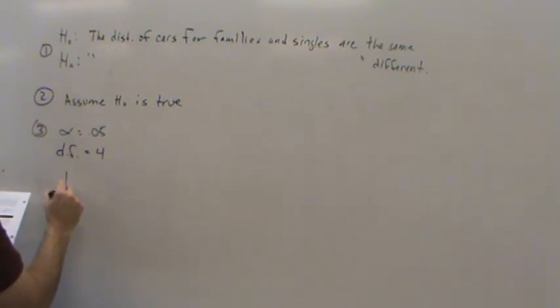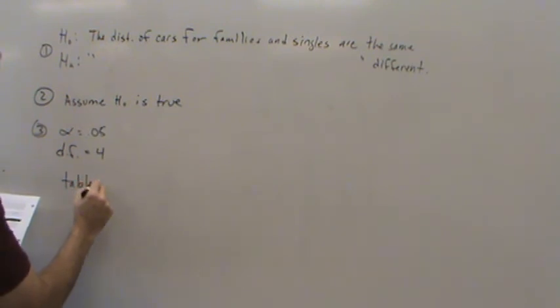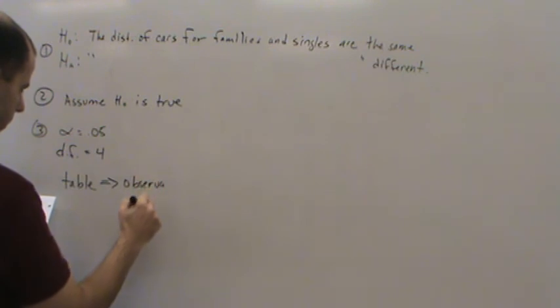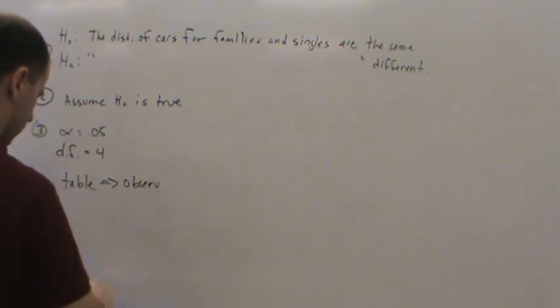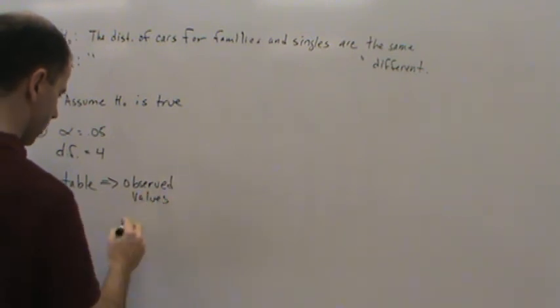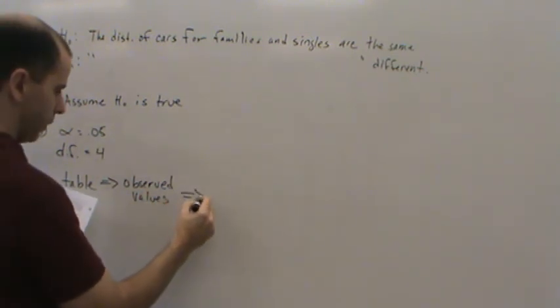Okay? So the table is the observed values, and that's going to go into our A matrix.